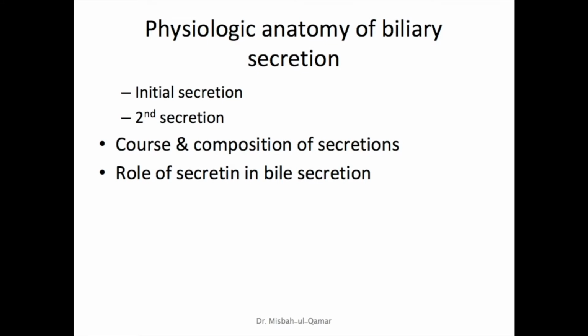Well, do you know the physiologic anatomy of biliary excretion? You see, bile is excreted in two stages. First is the excretion of initial bile, which is parenchymal excretion, and then there is addition of a second excretion, which basically is the ductal excretion.